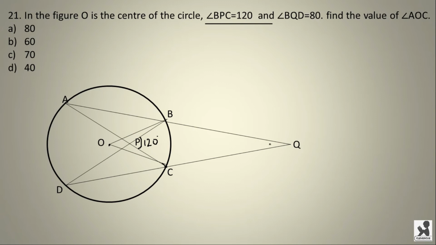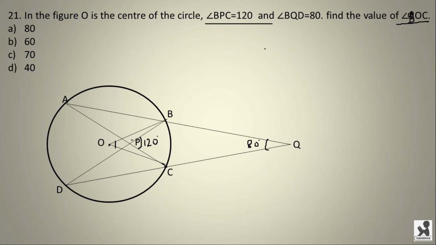So this is 80 degrees. Find the value of angle AOC. Please make a correction. This is not angle AOC. This is angle BOC. We have to find this angle.